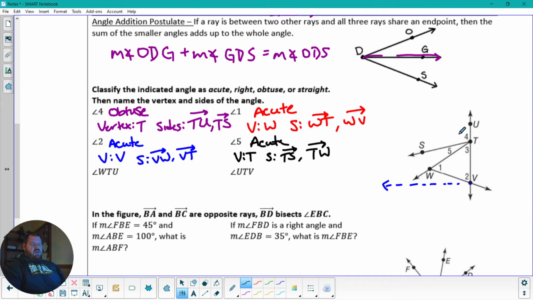WTU is the combination of angle 4 and angle 5. It's an obtuse angle, a big one. Its vertex is T, and its sides are TW and TU.